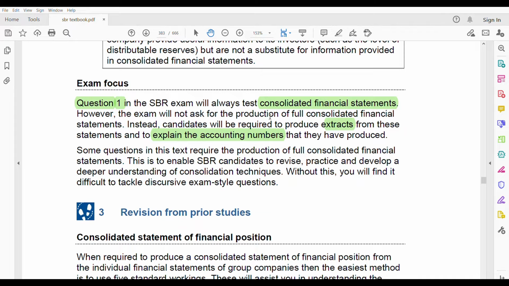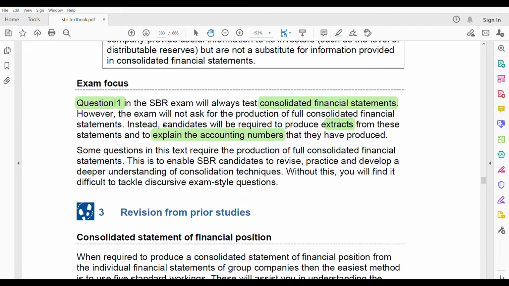But in this textbook, if you see test your understanding, yes, you may be asked to prepare a full consolidated financial statement. That is only because they are helping you to develop your skills. Because if you can make a full consolidated financial statement while practicing, you definitely can make extracts in the exam. Making extracts is easier.